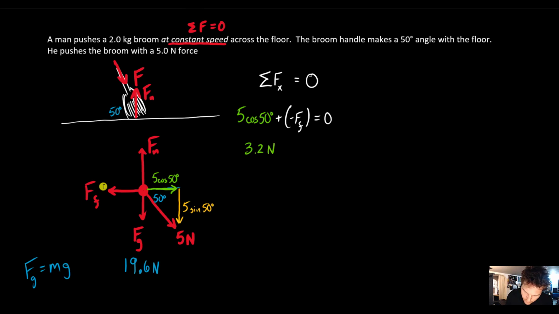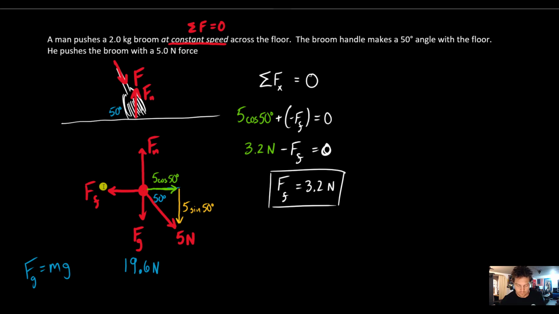So 3.2 newtons minus the friction force. Those two forces netted together need to net 0. So we can solve for the friction force right there and find out that the friction force is also equal to 3.2 newtons.